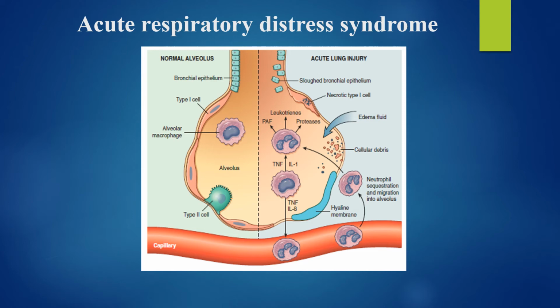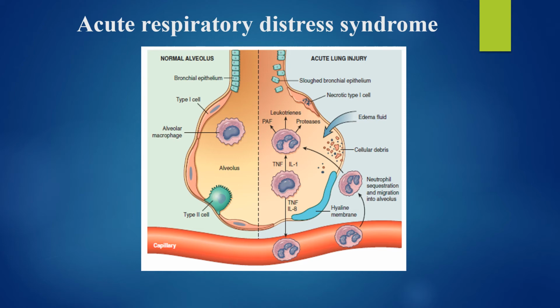The hyaline substance that consists of these proteins and the necrotic epithelium sediments on the wall of alveoli. It thickens, which leads to the disruption of the alveolar diffusion, and severe hypoxemia develops. That's why oxygen therapy is usually ineffective here. If urgent measures are not taken, acute respiratory distress syndrome is fatal.